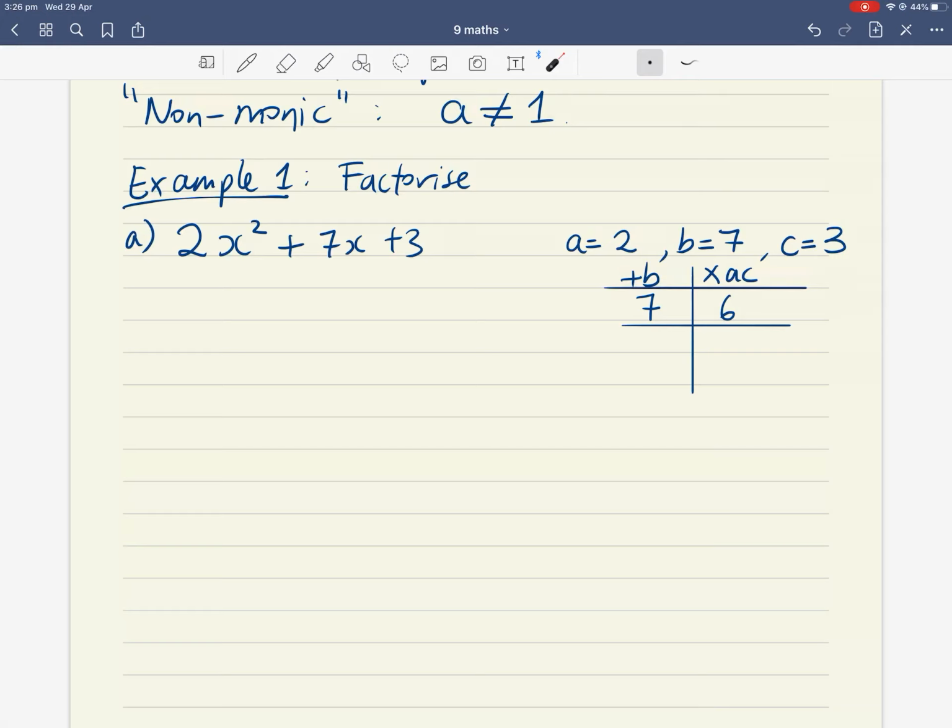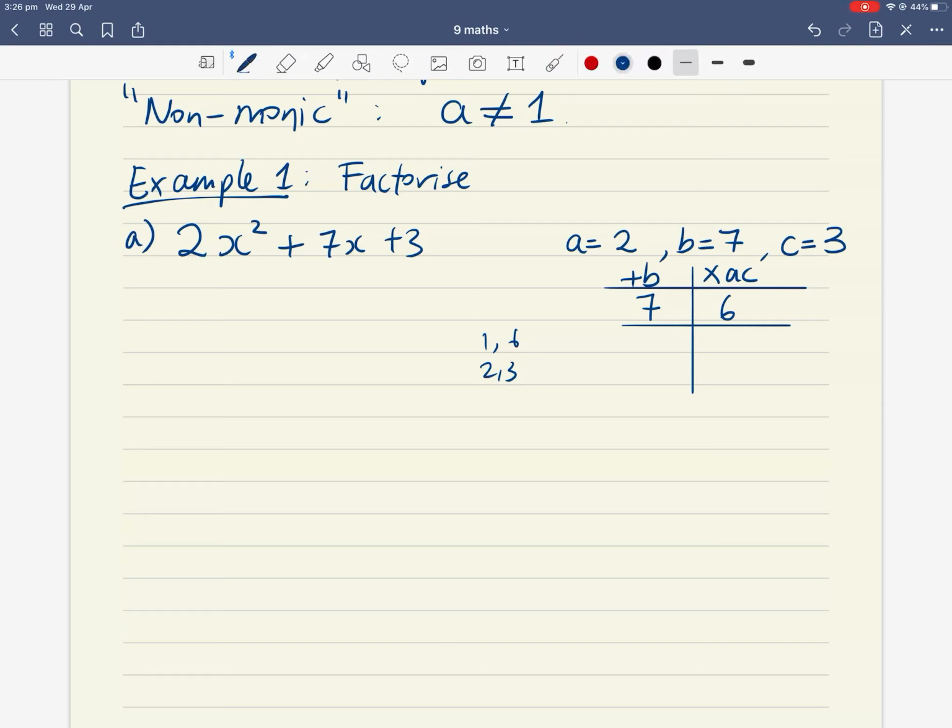So you're thinking of 2 numbers that add to be 7 because it's plus B, and those 2 numbers must also multiply to be 6 because it's times AC. So you're thinking of, what are the factors of 6? Well, 1 and 6 are factors of 6 because 1 and 6 multiply to be 6. 2 and 3 are also factors of 6, because 2 times 3 is 6.